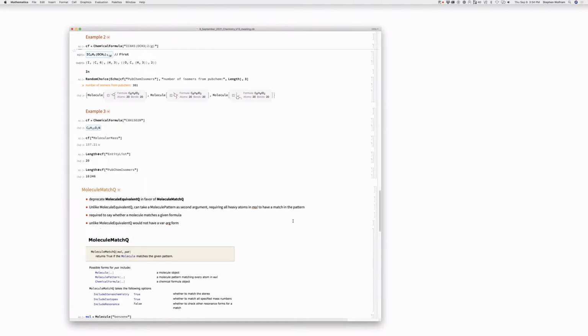So you could have a pattern that was 8 carbons together and the actual molecule octane, and because the molecule contains the pattern and the pattern matches every single heavy atom on there, we would say that they match.